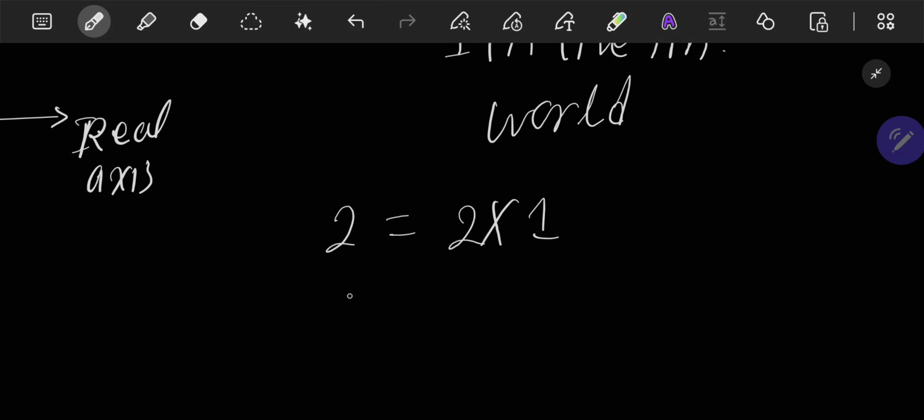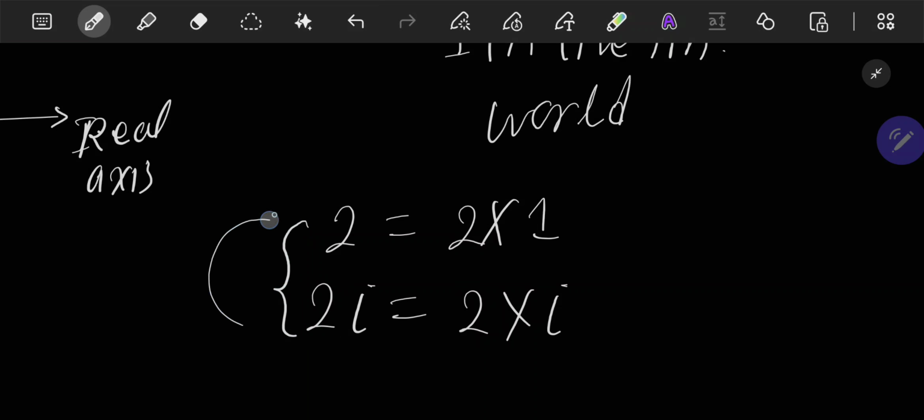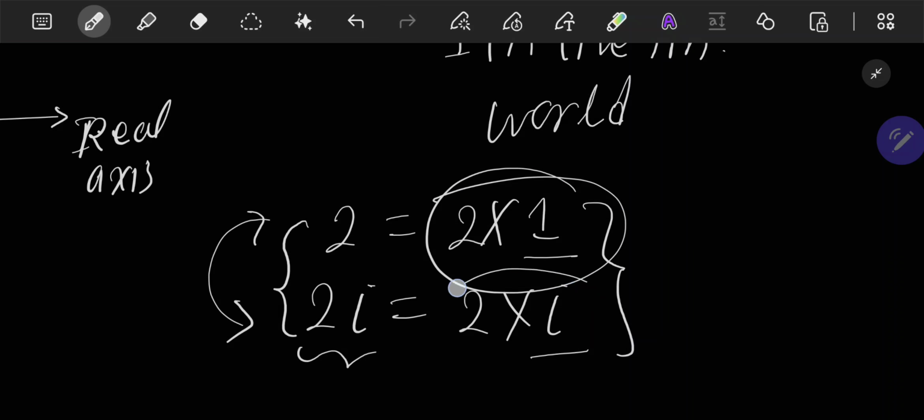If we have an imaginary number, 2i, this is 2 times i. So 2 is the real counterpart of 2i, and 2i is the imaginary counterpart of 2. So this 1 and this i are the same thing, except they're in two different worlds. One is in the real world and one is in the imaginary world.